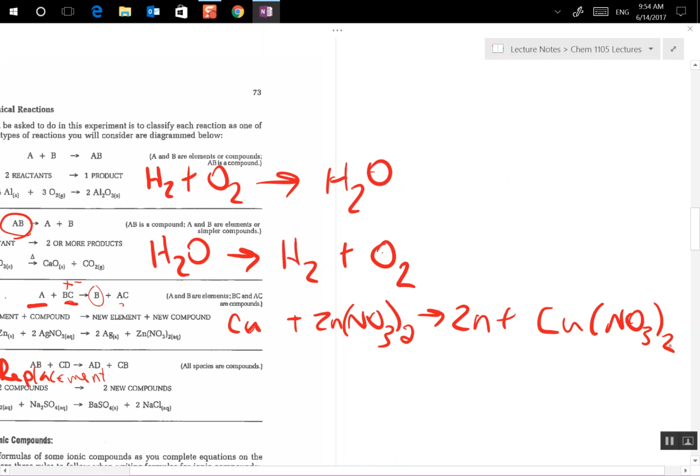That would be a single displacement reaction. Think about that.